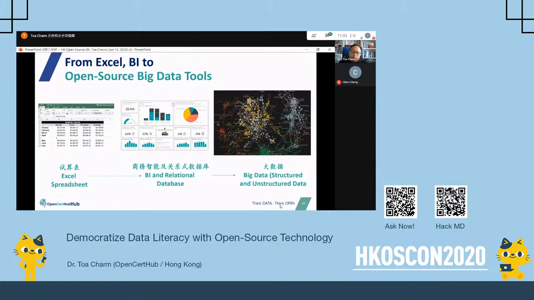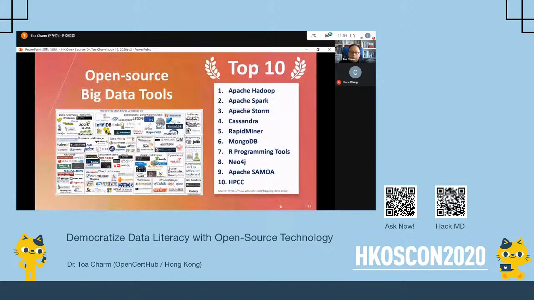But when we talk about big data tools, of course you can still buy them from the large vendors, but definitely the open source big data tools are right now much more popular and more powerful, right? I'm sure you understand this as you are the open source expert. There are so many big data tools that come out of open source, right? So this is a very busy chart, but look at the top 10 here.